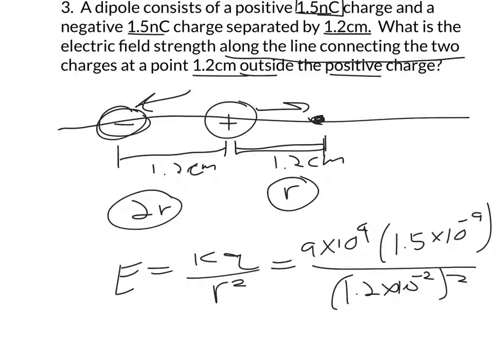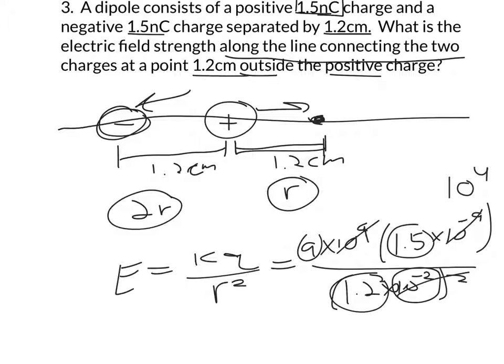So this squared will be minus 4 tens on the bottom. Oh, and all the tens on top cancel. So if it was minus 4 tens on the bottom, it's going to be positive 4 tens on top. And then I just have to go 9 times 1.5 divided by 1.2 divided by 1.2.